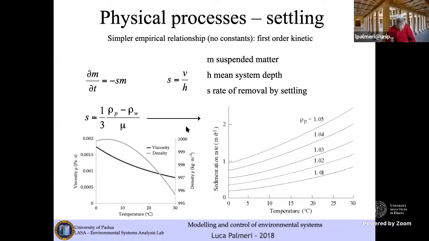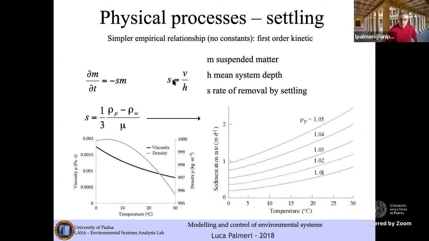So, if I ask you what you expect will happen to the settling rate, or the sedimentation rate, or the speed of transfer from the water column to the sediment of a particle as a dependence of the temperature, you shall answer that as temperature increases, the sedimentation rate, or the speed of transfer of particles from the water column to the sediment, increases as well.